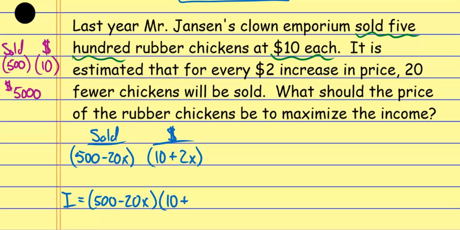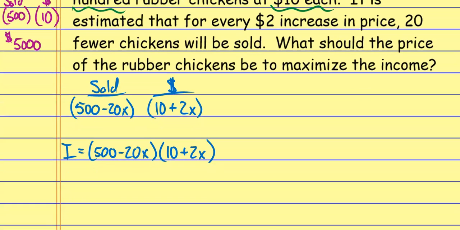This is where the quadratic comes from. This is going to give me a quadratic as I multiply this out, as I distribute. And so I distribute the 500. That's going to give me a 5,000 plus 1,000x. And now I distribute the negative 20x. That gives me a negative 200x and a minus 40x squared.